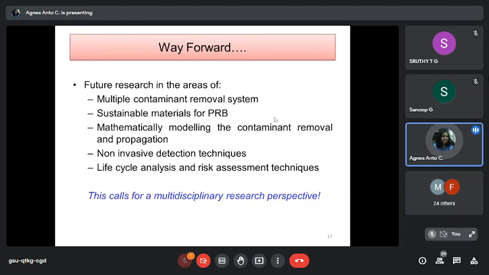Next is mathematical modeling of the contaminant removal and propagation. Even though we have mathematical models available, it is not very effectively modeled. Why? Because there is definitely a spatial and temporal variation in the properties of the PRB. Like, from top to bottom, maybe the top material gets clogged more compared to the bottom, or bottom clogging will be more compared to the top.